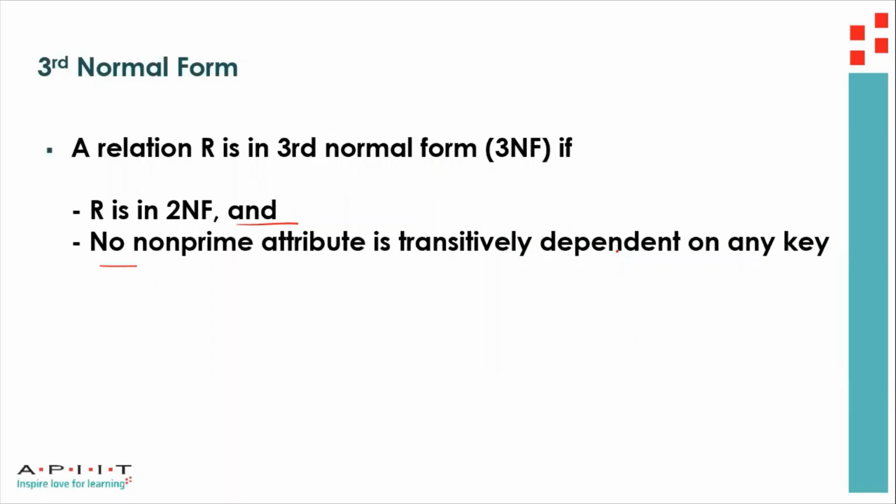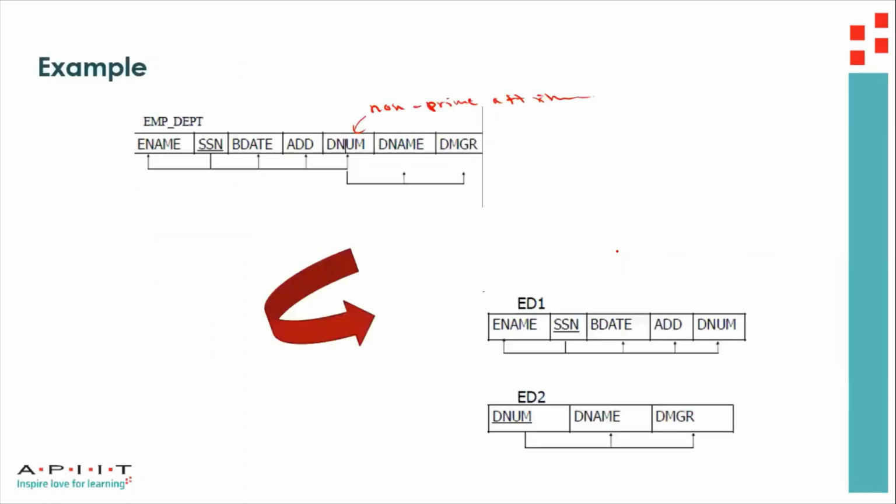We know the name, so what is this transitive dependency? Non-prime attributes depending on another non-prime attribute. That cannot happen. Non-prime attributes always depend on a prime attribute, if it is a proper relation. But here, non-prime attributes depend on another non-prime attribute.